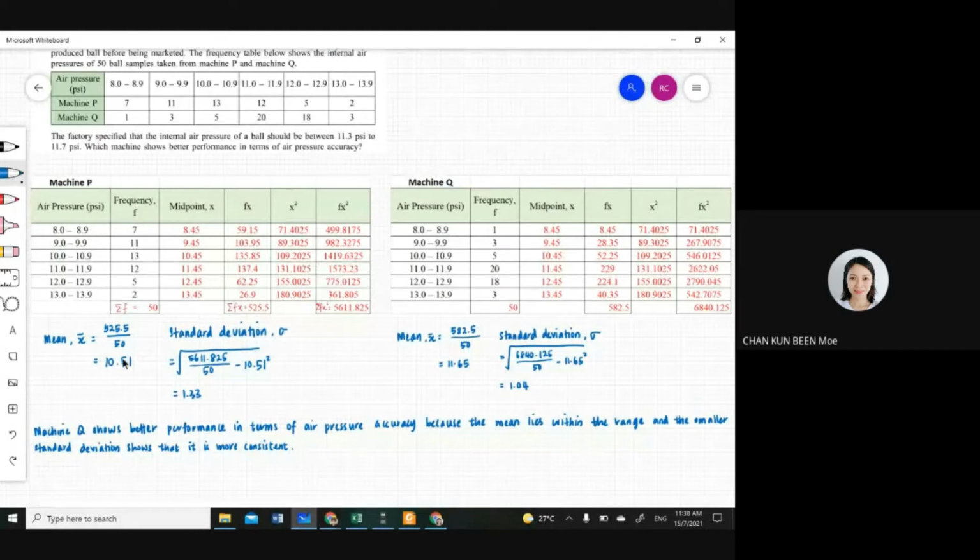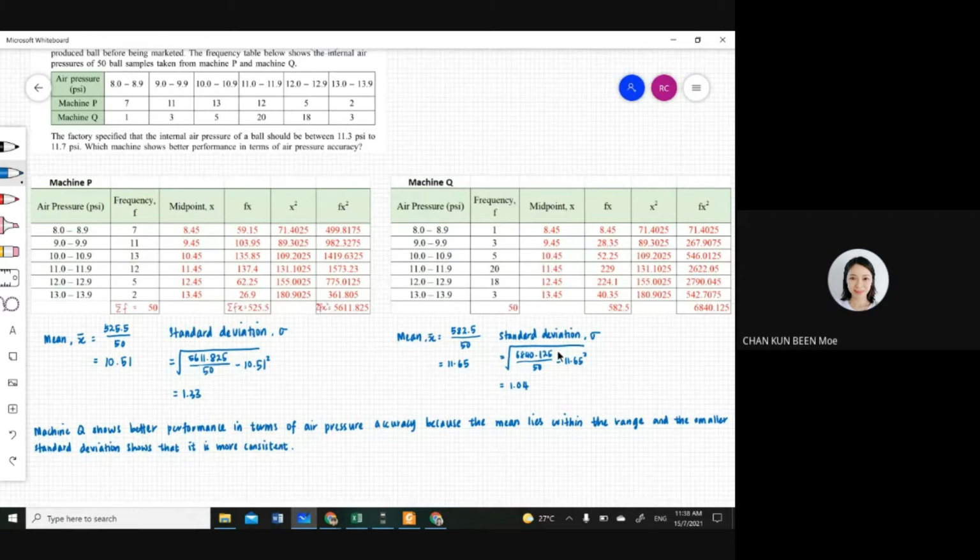So we found the total fx is 525.5. You check your total whether it's correct or not. 525.5 over the total frequency of 50, so we have a mean of 10.51 exactly. Then the standard deviation will be the square root of 5611.825 over 50 minus 10.51 squared, so it's 1.33.